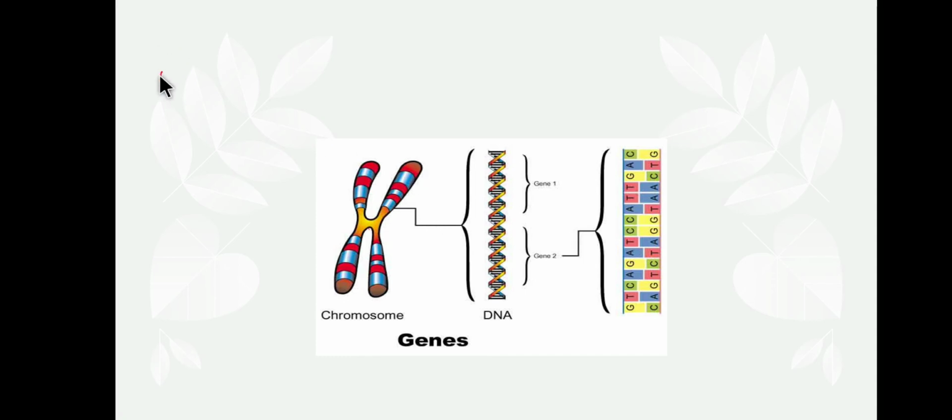Okay, now the DNA is a double helical structure. It is made up of two strands which are intertwined on each other, with one unit called a nucleotide. Now, the nucleotide is further divided into three parts. What are those three parts? First one is the nitrogenous base.